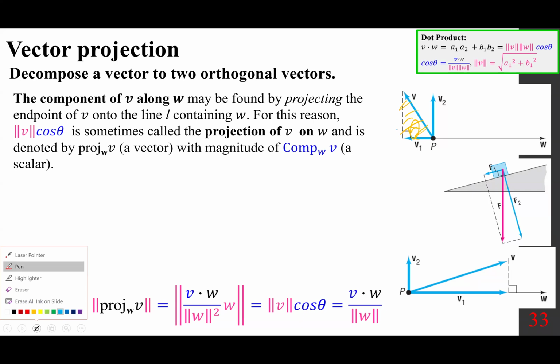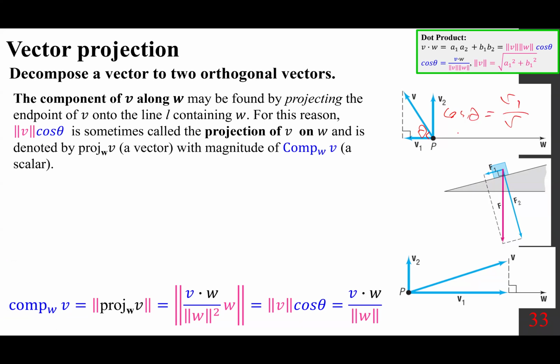This angle is theta. So cosine theta is V1 over V, and so V1 is V cosine theta. That's the idea.